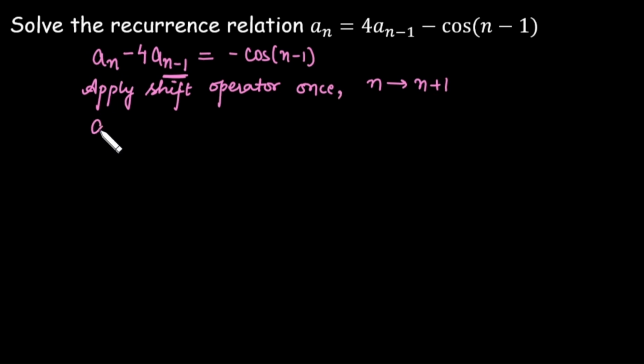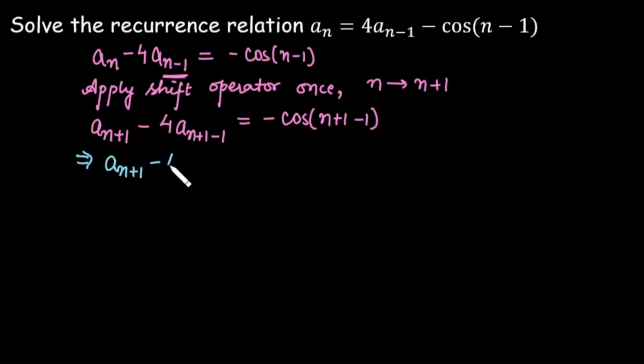So here we can write a n plus 1 minus 4 times of a n plus 1 minus 1, that is equal to negative of cos of n plus 1 minus 1. This is equal to a n plus 1 minus 4 of a n is equal to minus cos of n.